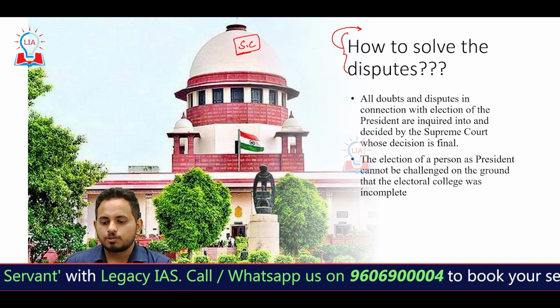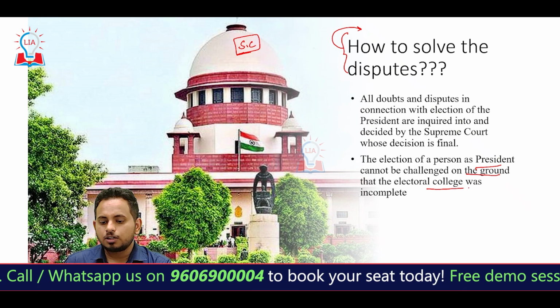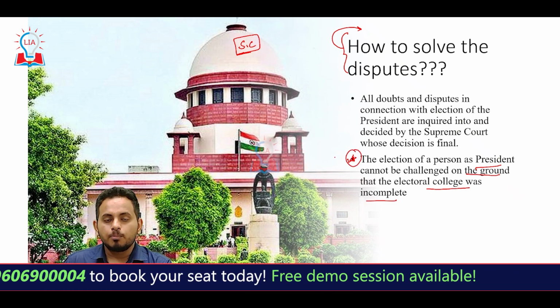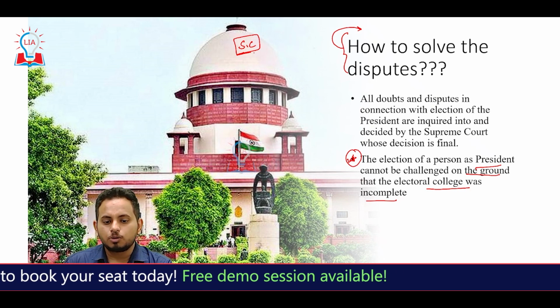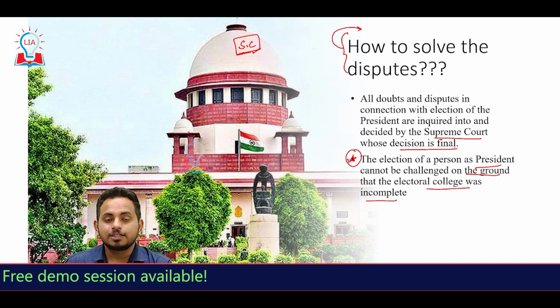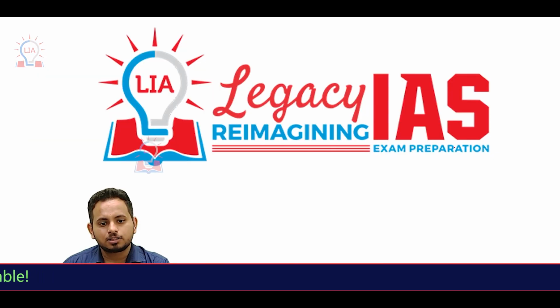Okay, the election of a person as a president cannot be challenged on the ground that the electoral college was incomplete. Very important point to remember from the prelims point of view. And the Supreme Court is a body whose decision is final with respect to any disputes regarding the election process.